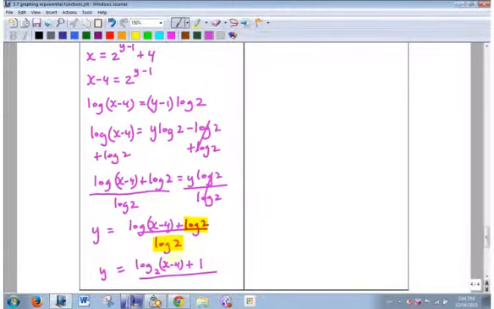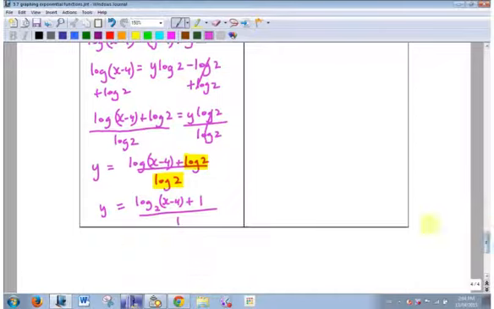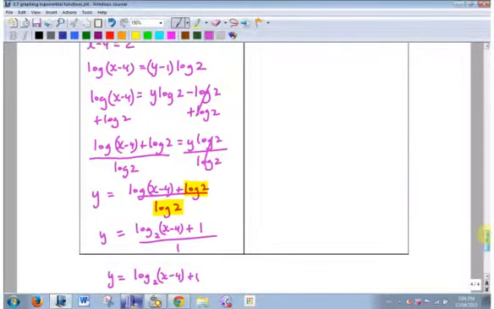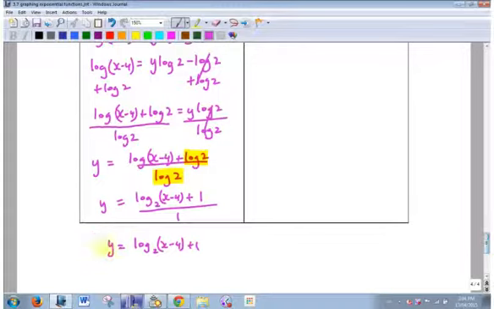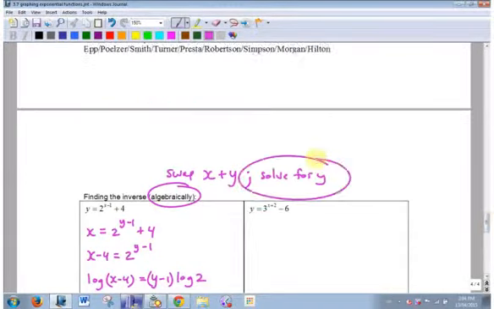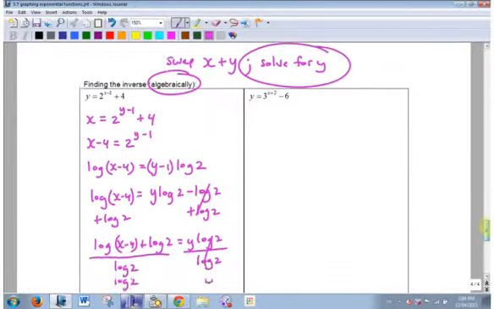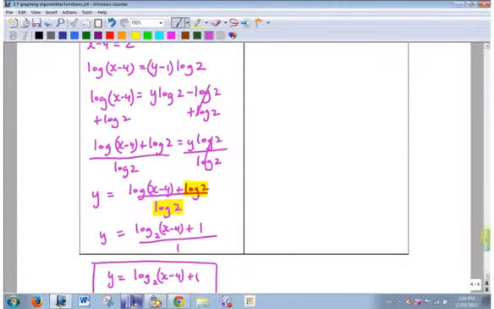All over, what's log base 2 of 2? Still 1. Do I need to put over 1? No. So your answer will look like this. Okay? You're algebraically solving that for y, right? So I wouldn't call that simplify, you're solving that for y.